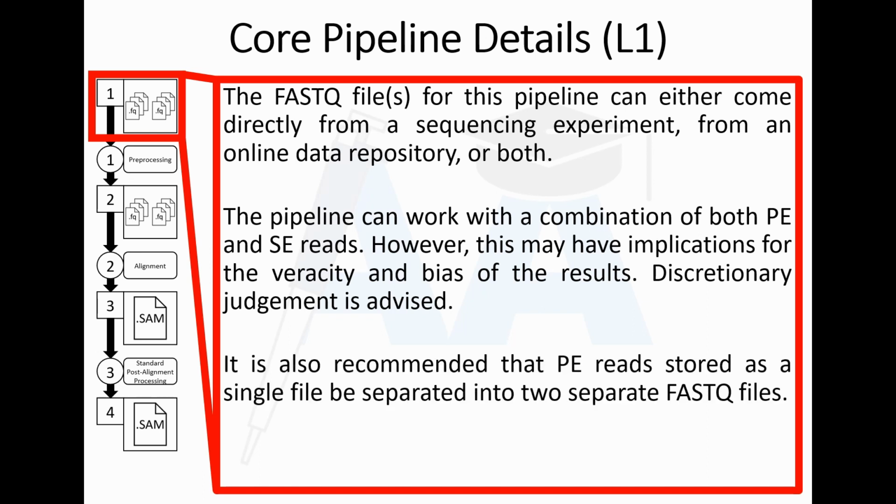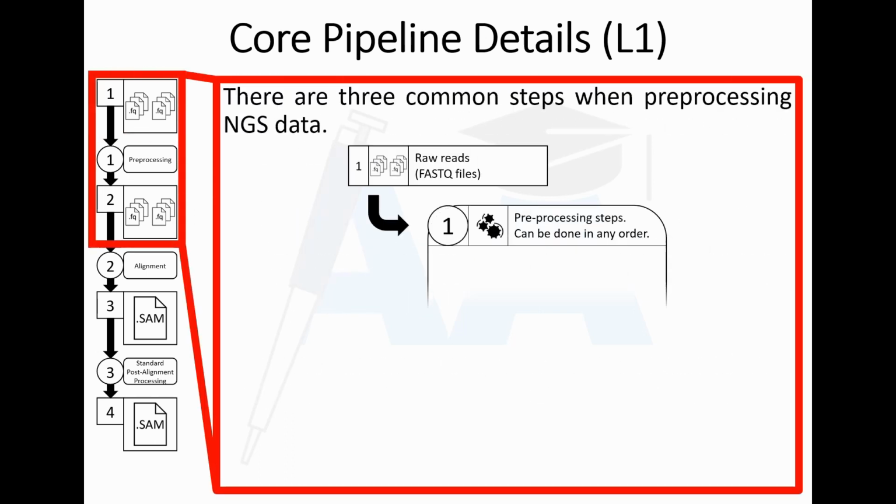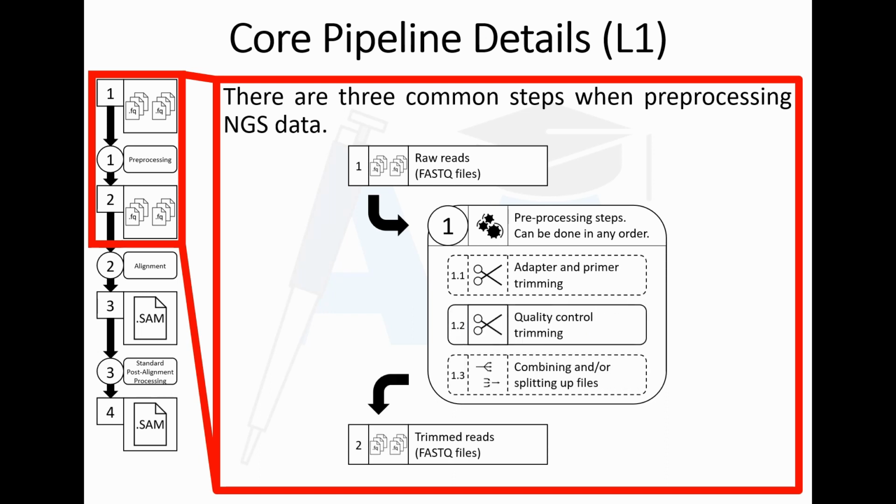Also worth noting is that a lot of bioinformatics software requires paired-end read data to be stored in 2 separate FASTQ files, one for each orientation. Therefore, it is recommended that paired-end data stored in a single file be separated into 2 files, one for each orientation.